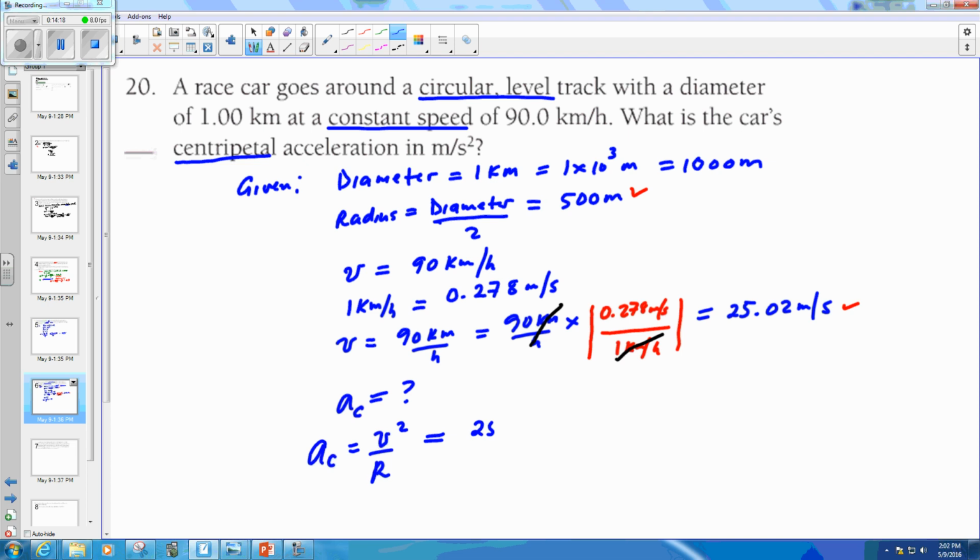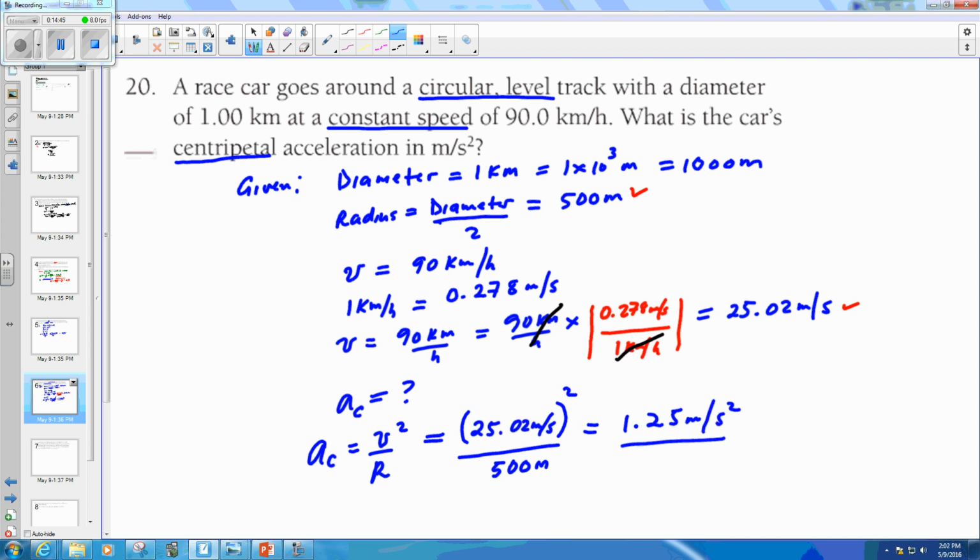Don't forget to square it, squared, divided by the radius, which was 500 meters. And if you do this, you end up with an answer that looks like 1.25 meters per second squared. So far, so good. Okay, 2 more examples.